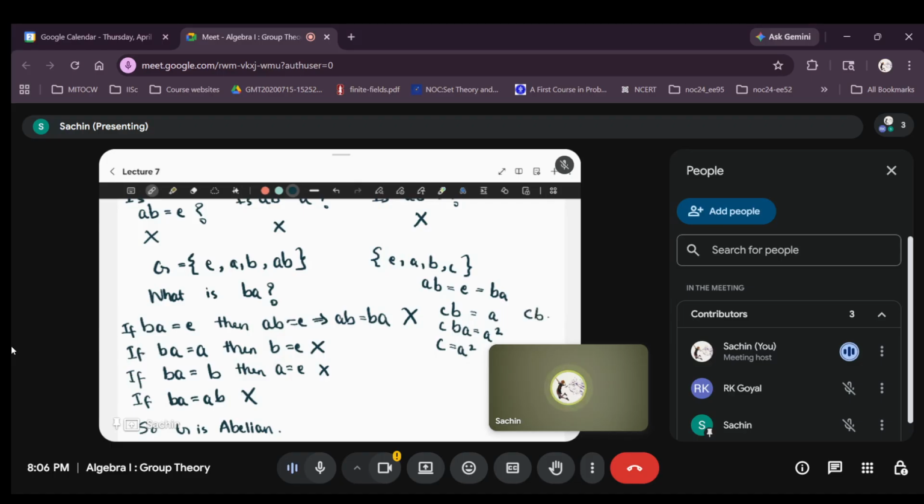If CB is equal to C, that would mean that B is equal to E. That is also not possible. So there are actually two possibilities.